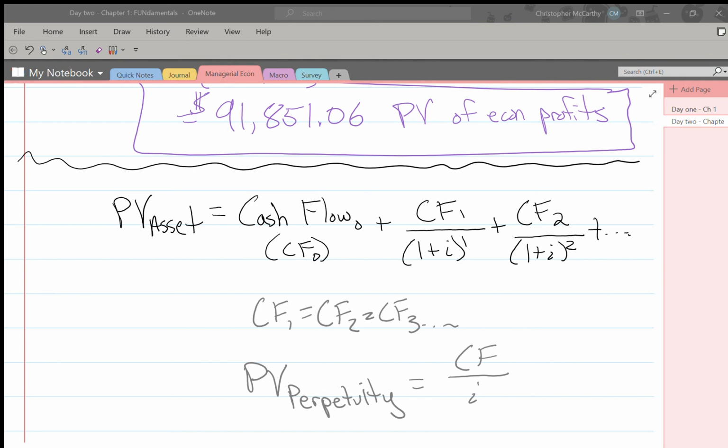Anything to the million power is going to be a really, really large number. Let's not use a million, that's too much. Let's just say 100 to the 100 power. Come on, Wolfram.